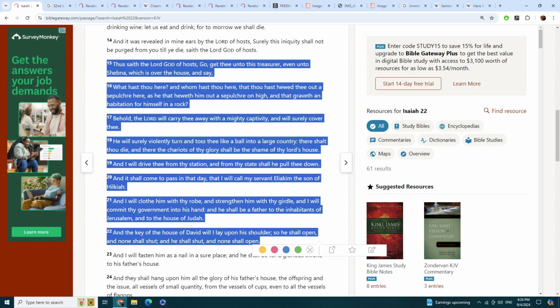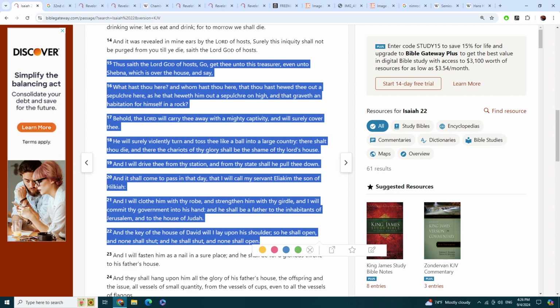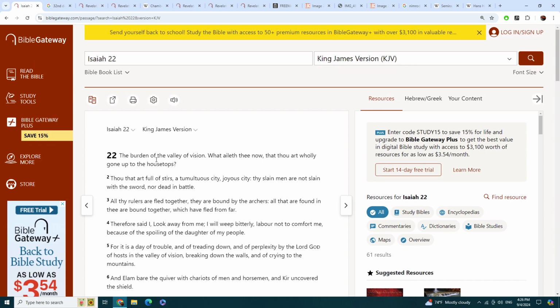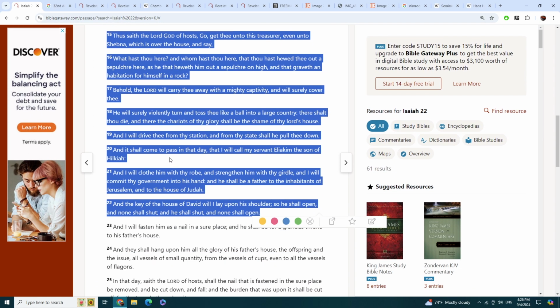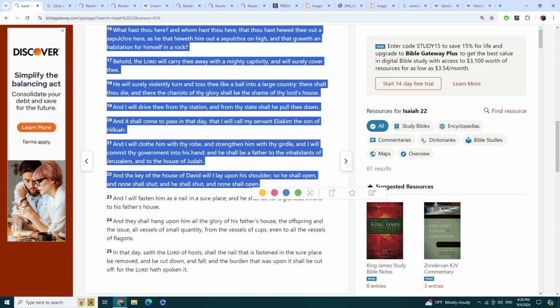A sepulcher, a tomb, a grave, the belly of the whale, the womb, tomb, it's all the same, right? So he was hewing out himself, Shebna was, I believe, let's see. I just want to make sure it is Shebna. I'm like 90% sure. But he's carving himself out a tomb here, in the key of the house of David.